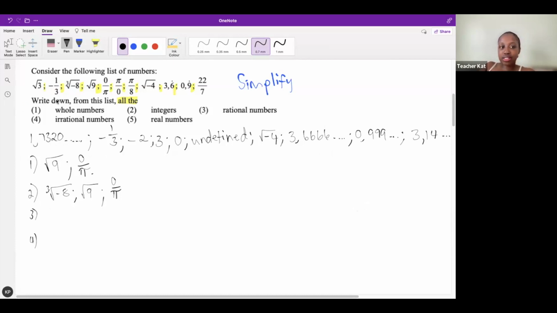-1 over 3, is that rational? Yes, it is. Okay, we have our first rational number, -1/3. Next, cube root of -8, which gives us -2.